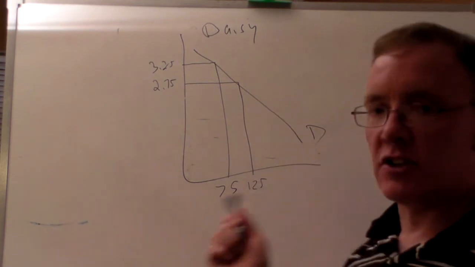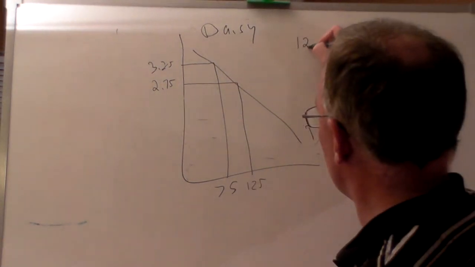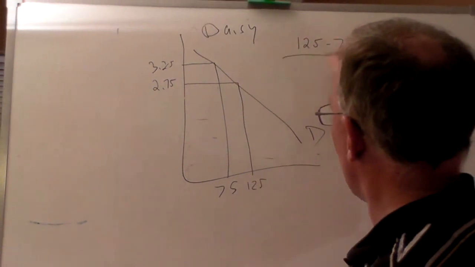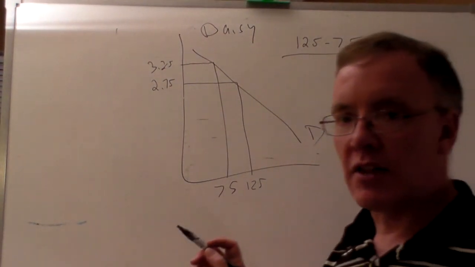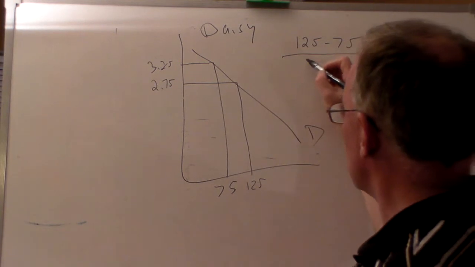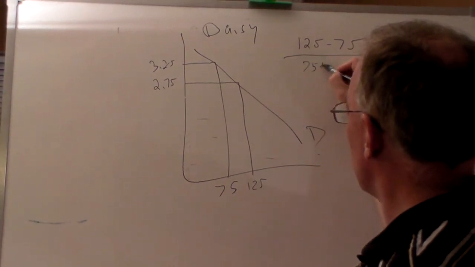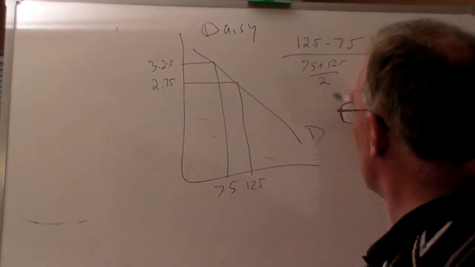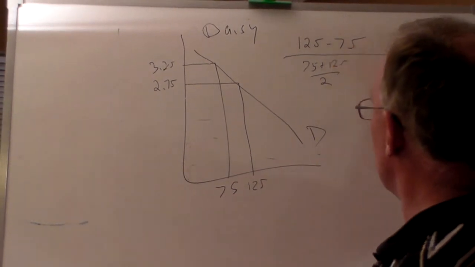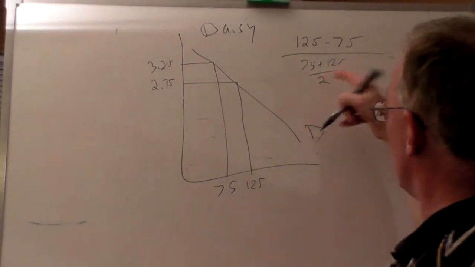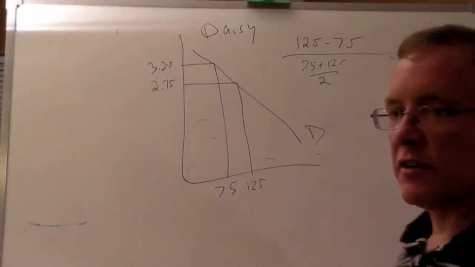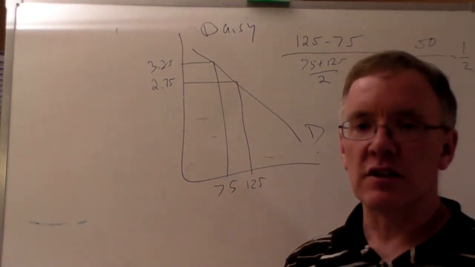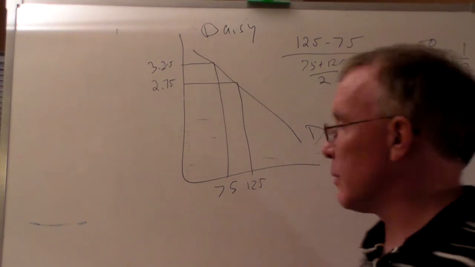So the percent change in quantity is going to be 125 minus 75 over the midpoint, which is the average of 125 and 75. Let's just do it: 75 plus 125 divided by 2, and this is going to end up being 50, and this is going to end up being 100, and that's going to be 1/2. So 50% is the percent change in quantity demanded.